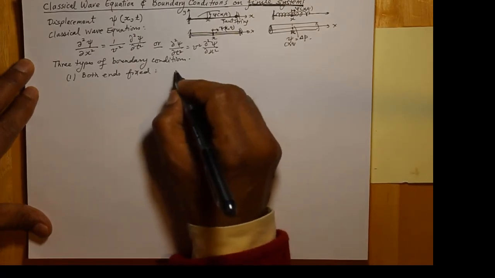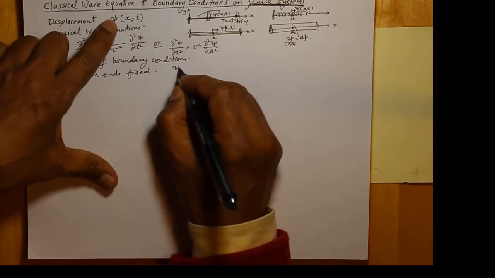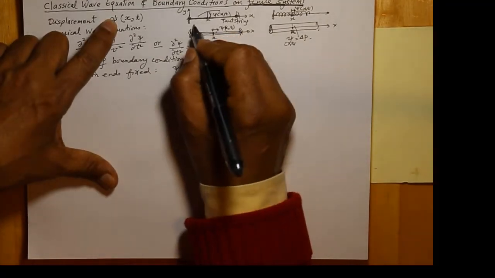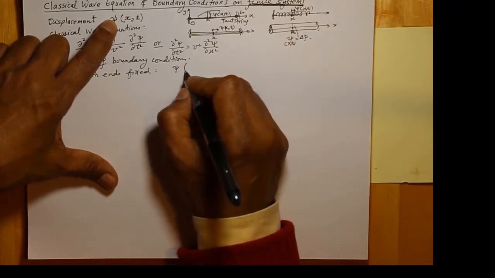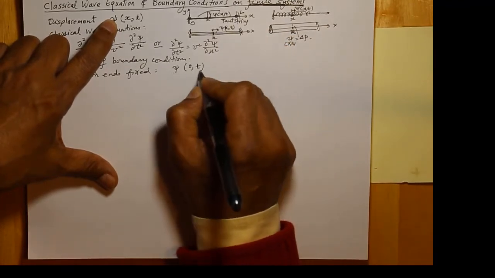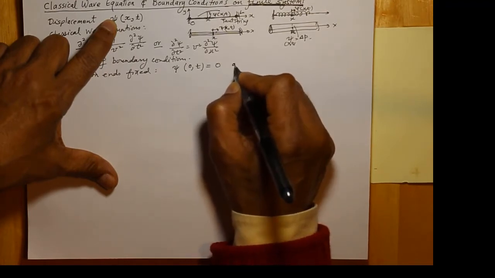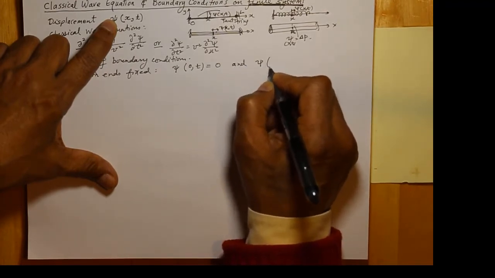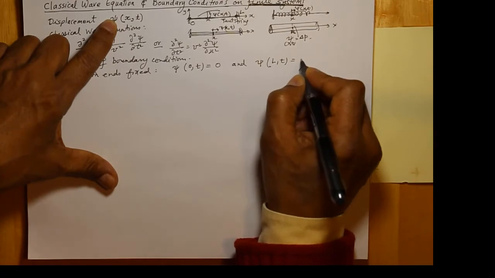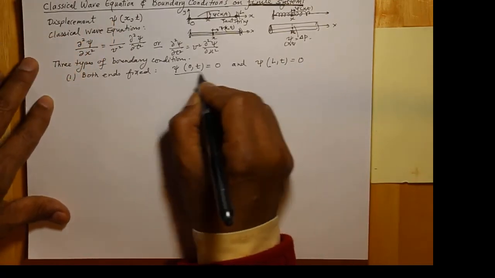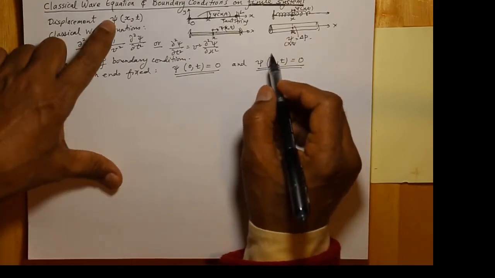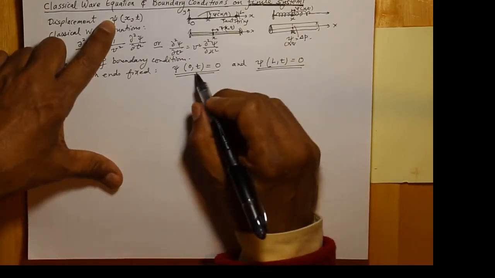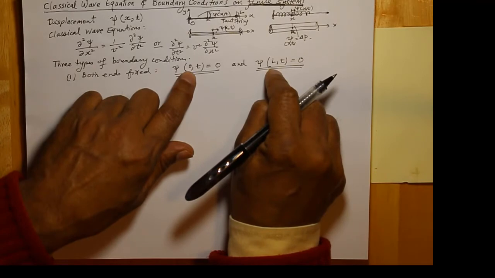That says that this variable psi, let's call this 0 and this L, so psi(0, t) is 0 at any time, and psi(L, t) is 0. So these are the boundary conditions that say what the value of the displacement variable would be at any time at the two ends.